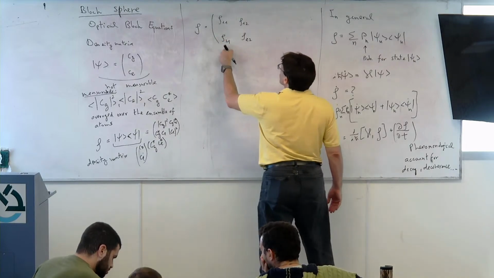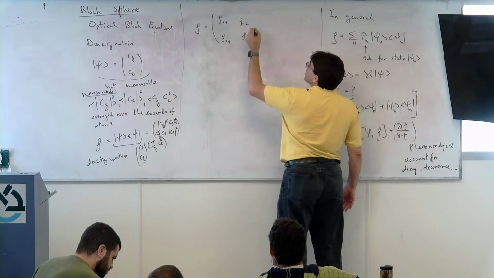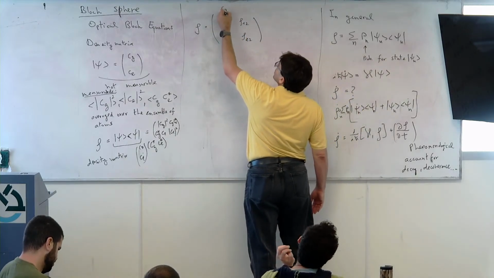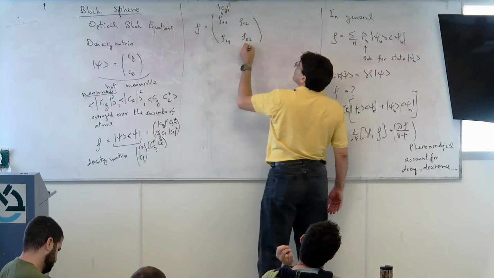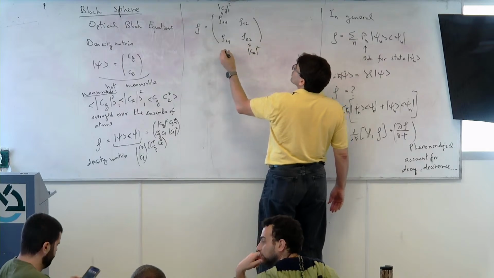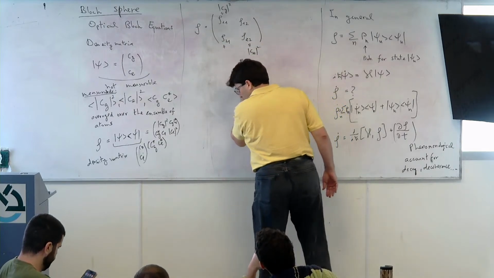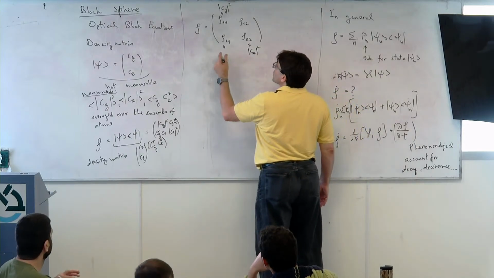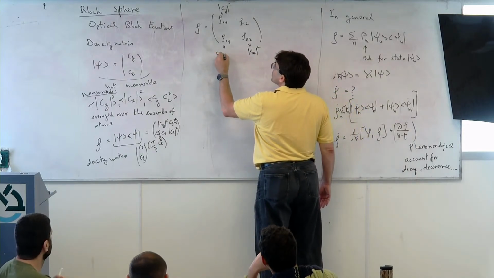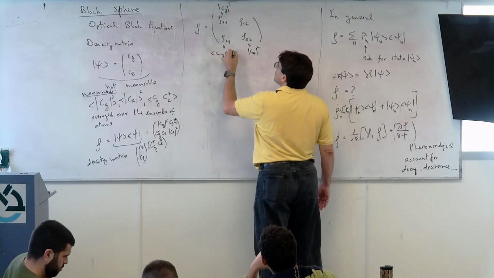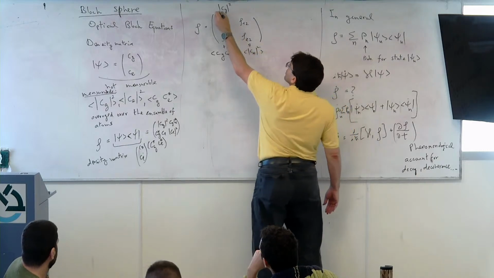But rho 2 1 is just rho 1 2 conjugated, and this one is basically C ground absolute value squared. This one is C excited absolute value squared, and this one is, well, okay, here we should be careful. So there is C ground, C excited star, and of course everything is on average.